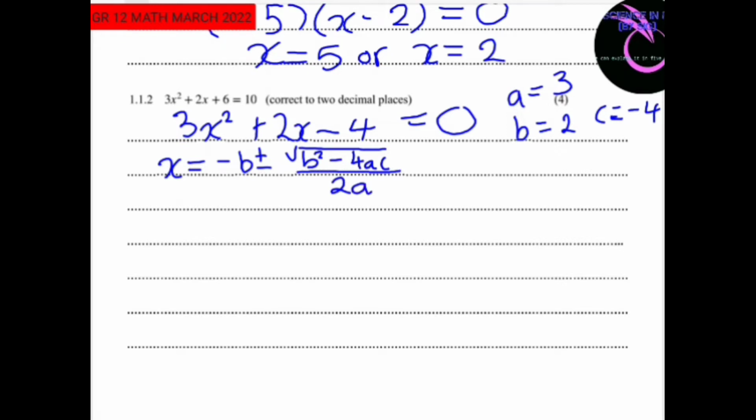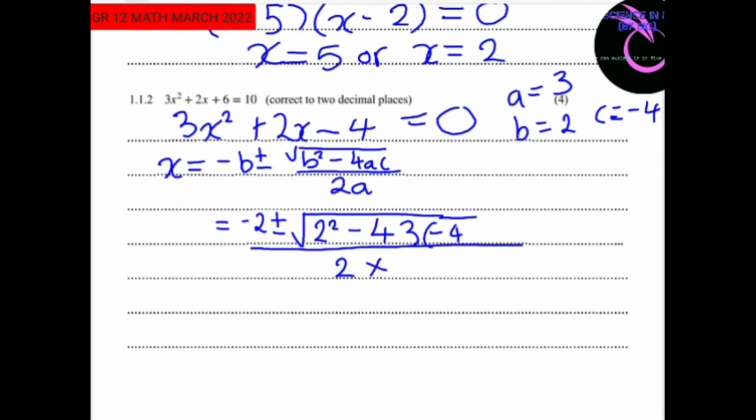So now all I'm doing here is substituting. I know that the b is 2, so this is the same as minus 2 plus or minus the square root of 2 squared minus 4 times the a value, which is 3, and the c value, which is negative 4. All of that is over 2 times 3. By using a calculator, I can now easily simplify this whole expression.